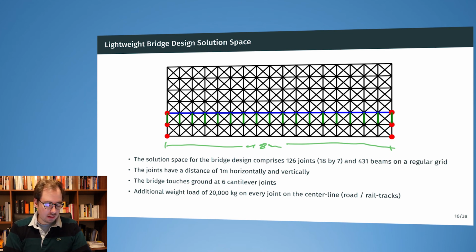And the center line, which is blue, this is where we'll have our road, or the rail track where the train is driving. And here we are adding an assumed load of 20 tons or 20,000 kilograms times the gravity constant, acting in the x direction on every joint that is here on the center line. And the question is, how lightweight can we make each of the beams so that the bridge will still hold this load acting on it.